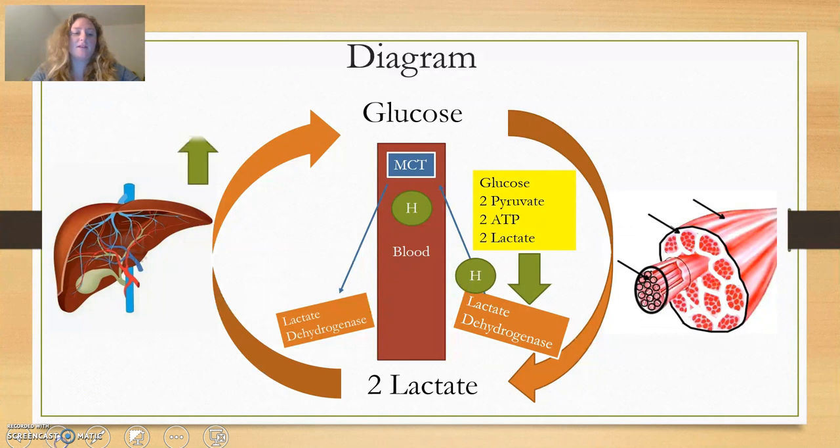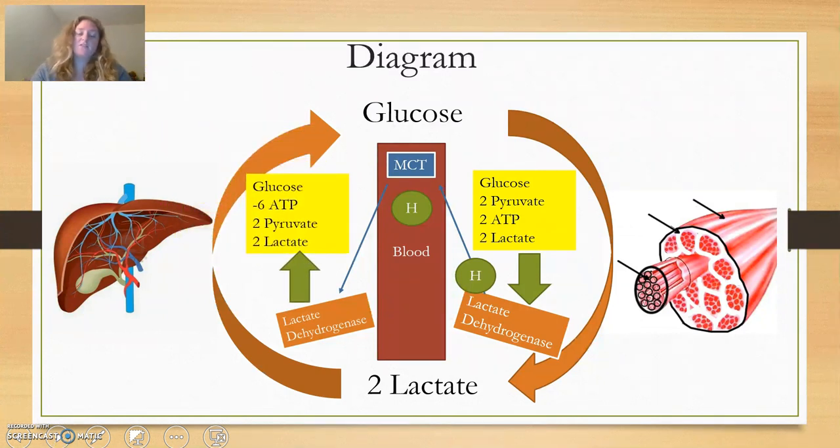We take the lactate, turn it back into pyruvate, and then we're able to get glucose back. Because this process takes so long, it takes up 6 ATPs, so that's why it has -6 ATPs per glucose. It's a long, slow process to get back to glucose.